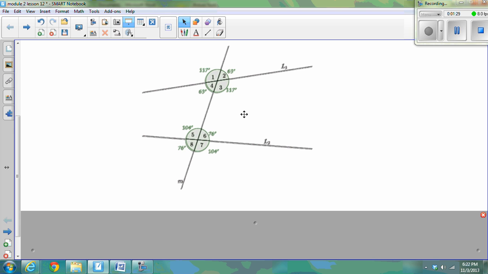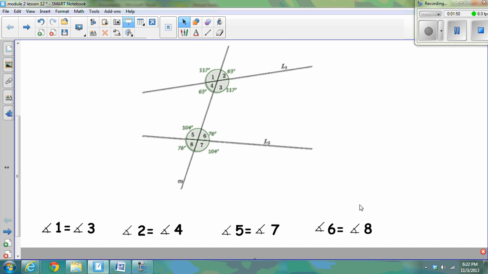Within a couple of degrees, if you got that, that's fine. So which, if any, are equal? Well, it looks like we found that 1 and 3 are equal, and angles 2 and 4 are equal, angles 5 and 7, and angles 6 and 8 are equal.